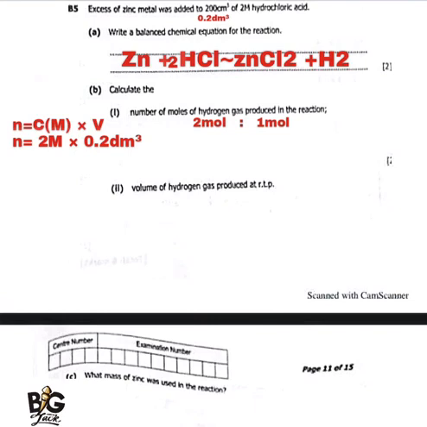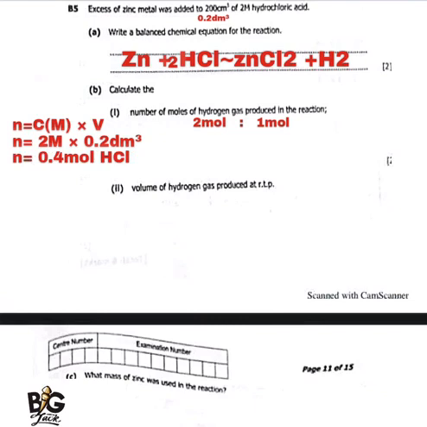Then the answer that you're going to get will be now in decimeters cubed. So in this case, 2 molarity multiplied by 0.2. Then the answer is going to be 0.4. The answer is going to be what? 0.4 moles. So now this 0.4 moles is the number of moles of hydrochloric acid.